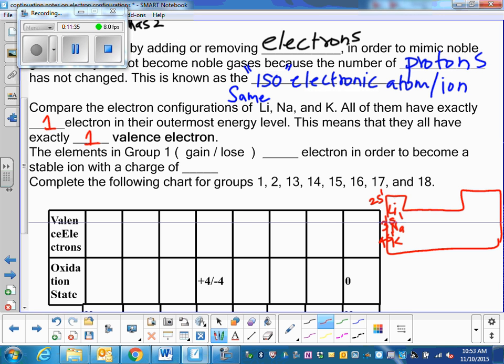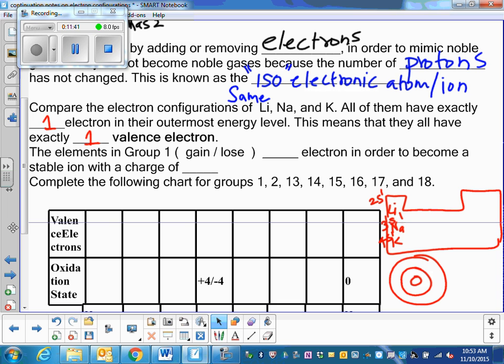Now, if you were to draw the Lewis dot structure for, say, sodium, sodium is in energy level 3, so it has 2 in the first, 8 in the second, and 1 in the third. Now, sodium wants to mimic a noble gas, meaning it wants to have 8 in its outermost shell.